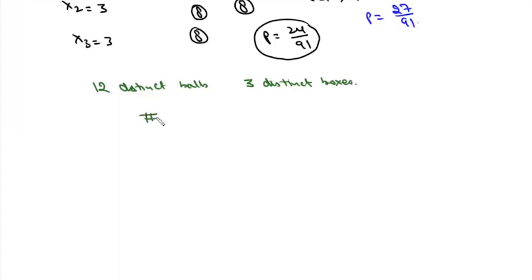Now for each ball, we have 3 choices. So total number of ways of distributing these 12 balls in 3 boxes will be 3 into 3 into 3, 12 times, and that will be 3 to the power 12.